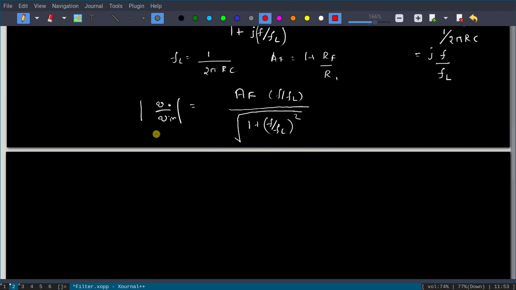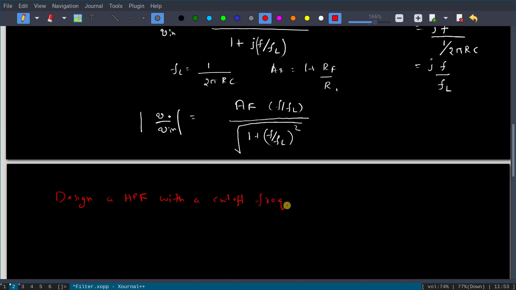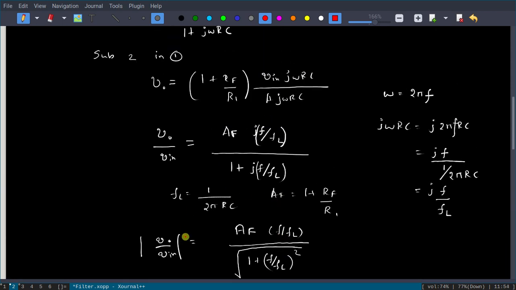The question is like this: design a high pass filter with a cutoff frequency, but one minute before writing this, I have to show what the frequency response of this will be like. So if you plot the frequency response, in the linear scale first we will see, then we will see the semi-log sheet.